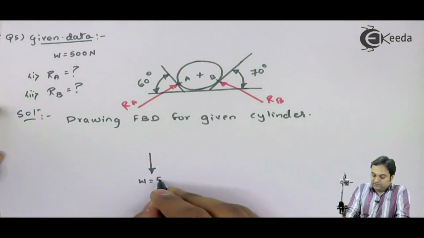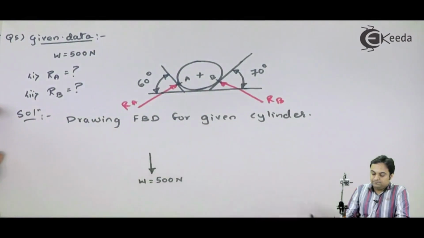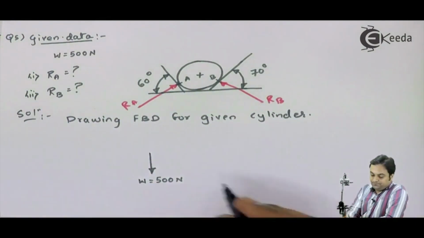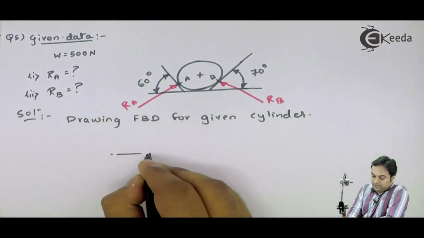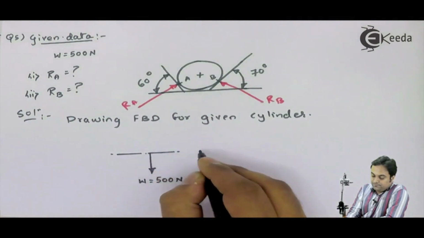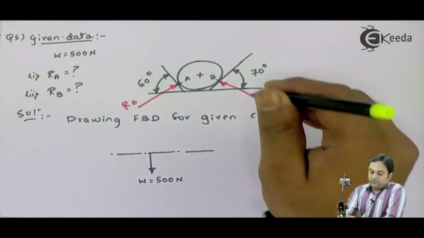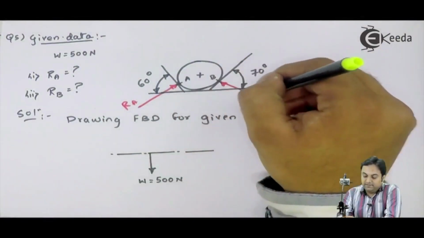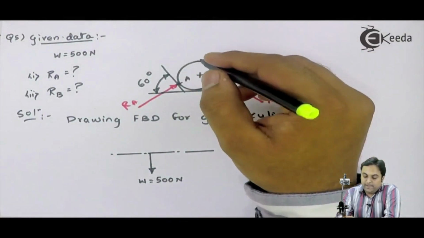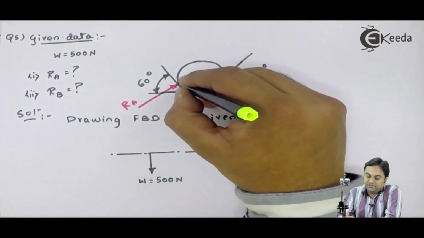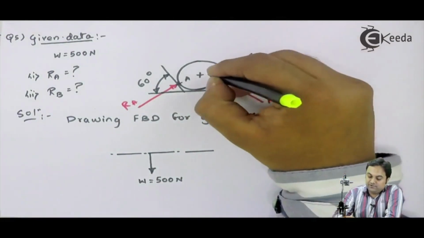W is 500 Newton. Next, I will draw a horizontal line. Reaction at A and at B that we would be extending. That is, if we extend RA, RA will be somewhere here.